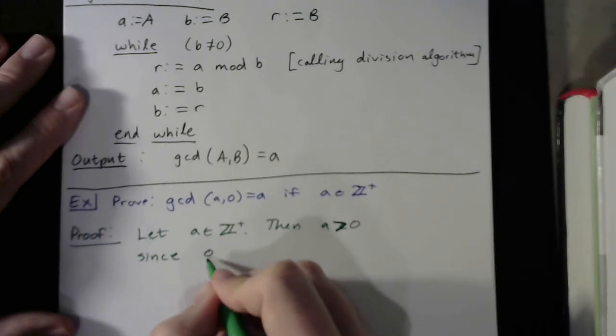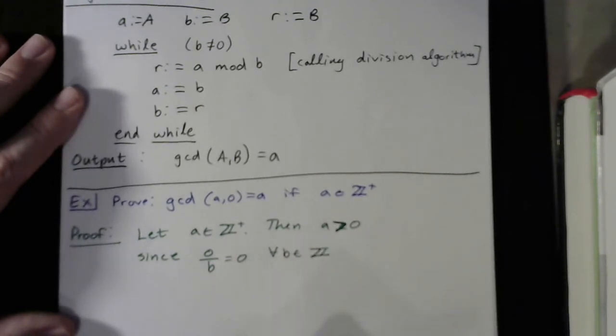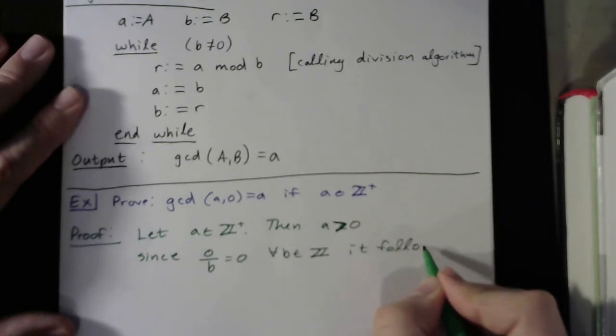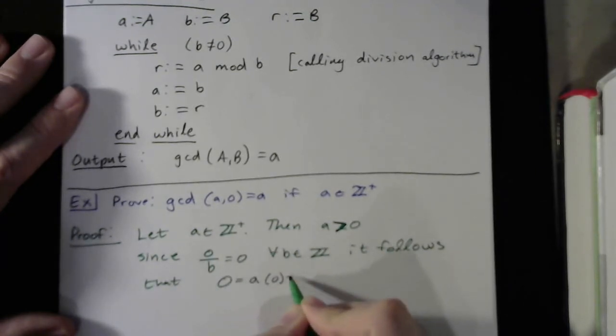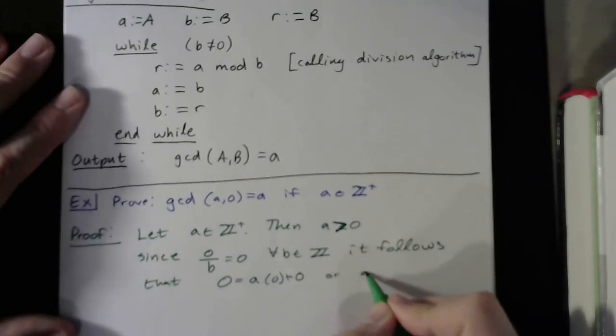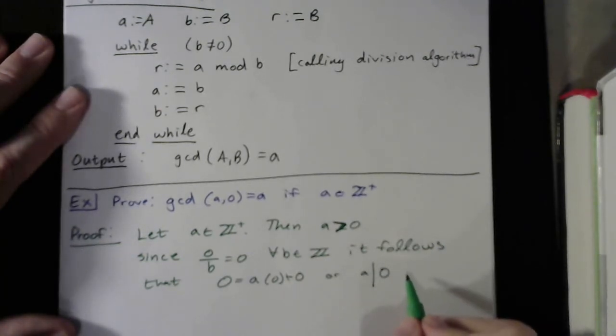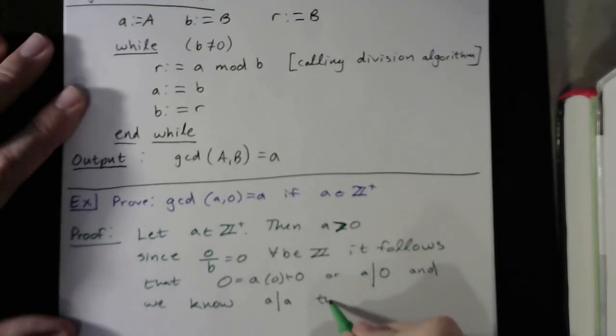Since 0 over B equals 0 for all integers B, it follows that 0 equals A times 0 plus 0, or A divides 0, and we know that A divides A. Therefore, the GCD of A and 0 equals A.